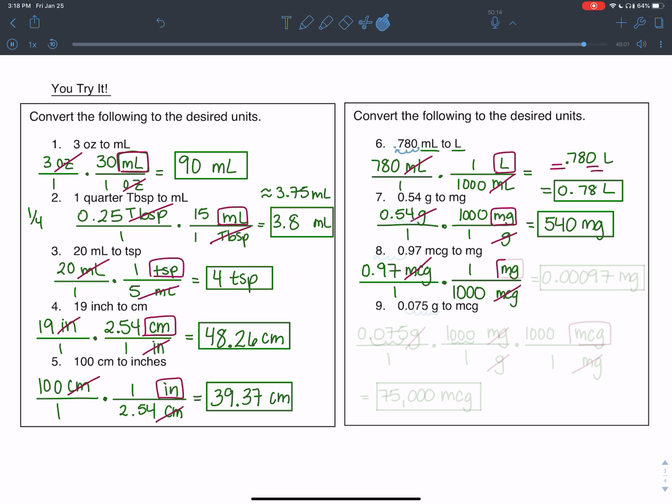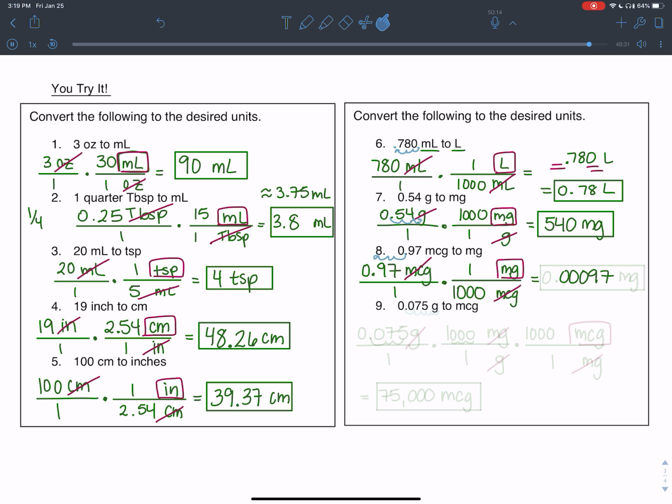Things will cancel, and I'll be left with milligrams, which is what I want in the top, not the bottom. So again, I'm dividing by 1,000, which moves the decimal 3 times to the left, giving me 1, 2, 3 extra zeros in front of the 97.